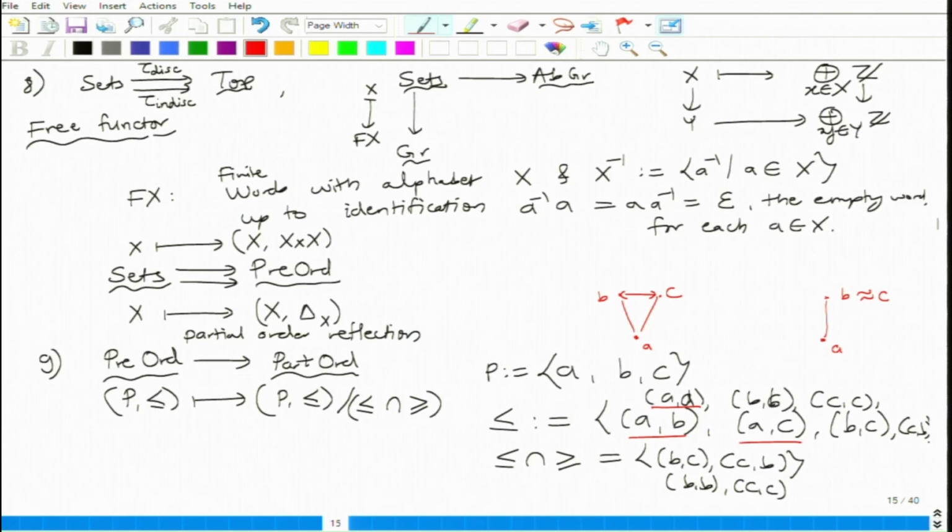There is a unique morphism to B from A, a unique morphism from B to B, and a unique morphism from C to B. So B is a terminal object, C is a terminal object, and we have seen that any two terminal objects are isomorphic up to unique isomorphism. So B and C are isomorphic.